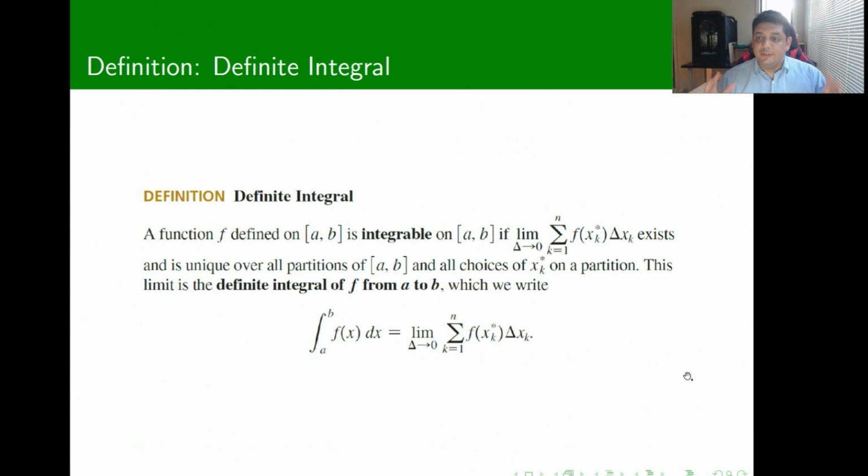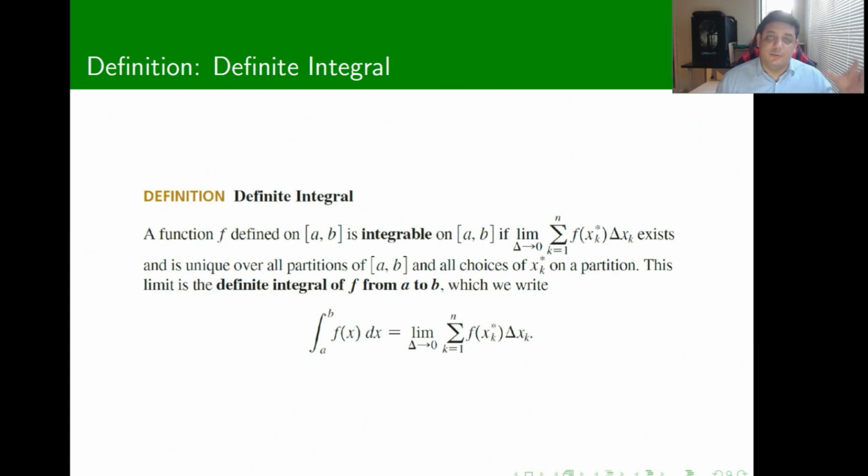Now, from what we saw, taking the limit when delta goes to 0, or when the number of subintervals goes to infinity, gives a new object that we're going to call the definite integral. The definition follows as this. A function f defined on the interval [a, b] is integrable on [a, b] if the limit as delta goes to 0 of the sum of f of xk star times delta xk exists and is unique over all the partitions of [a, b] and all the choices of xk star on a partition.